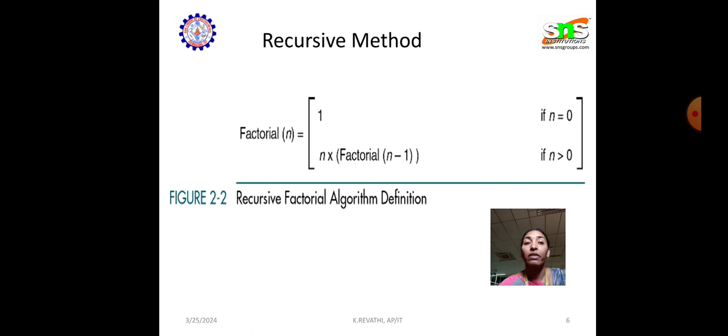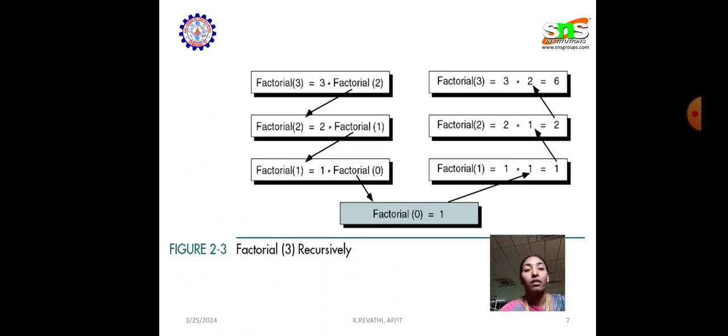Then the next will be the recursive function, n into factorial of n minus 1. This is the difference between the iterative and the recursive algorithm for a given number. If n is greater than 0, the recursive function will be calculated as follows.